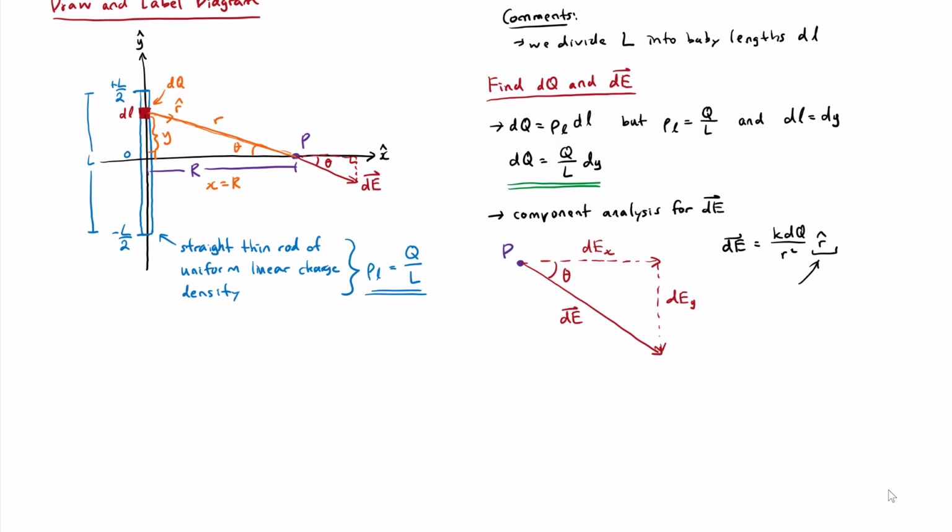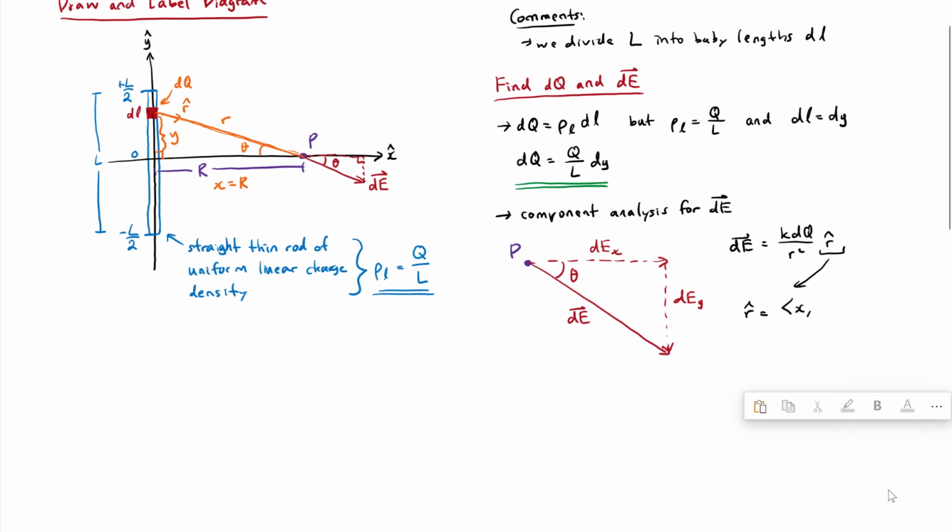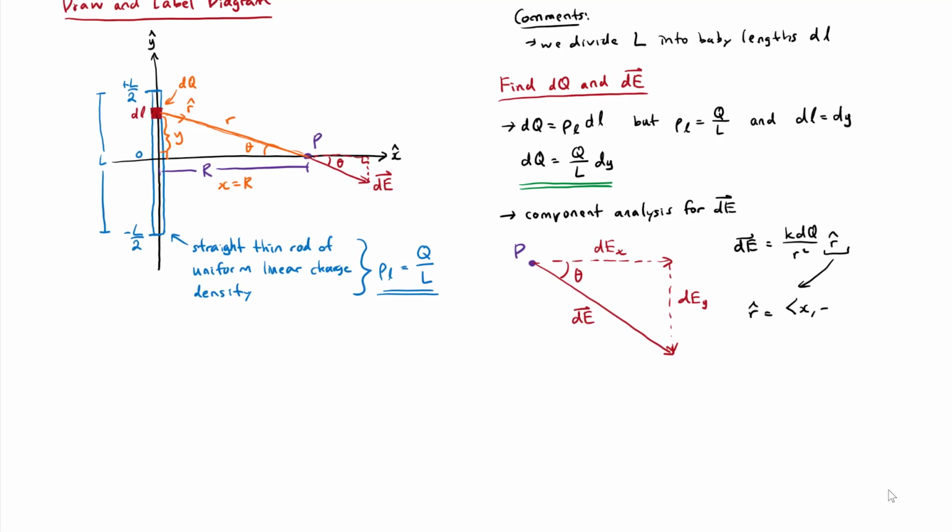So let's try and analyze this. We have r hat being equal to a certain x distance traveled in the x direction, and here we have a negative y value, because it's going down, over the square root of x squared plus y squared.